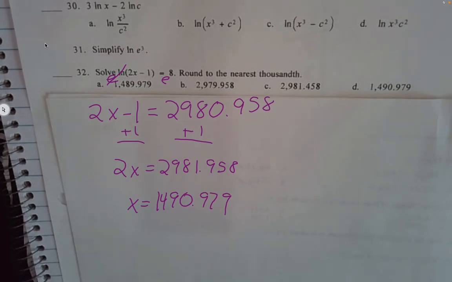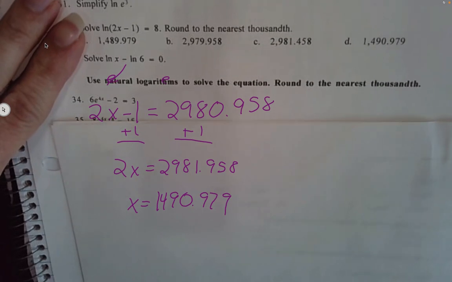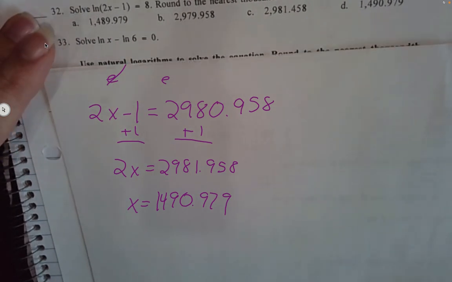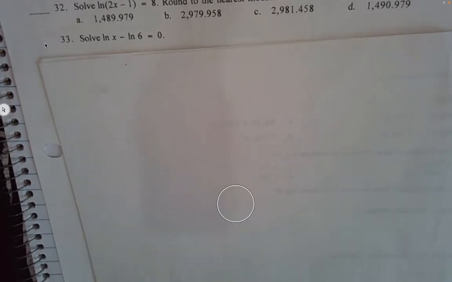Okay, I've got 2 minutes, so I'll do the next one. Number 33. I'm going to combine them into one natural log. So it would be natural log, and then what do I do if there's subtraction? X over 6. How do I get rid of natural log?